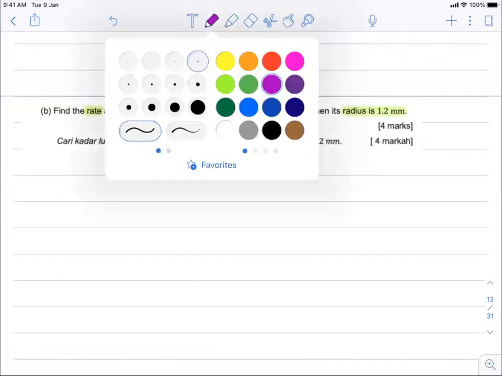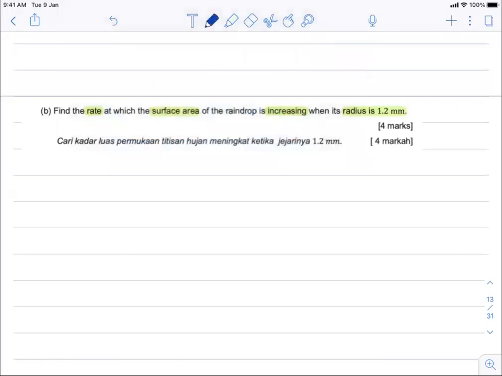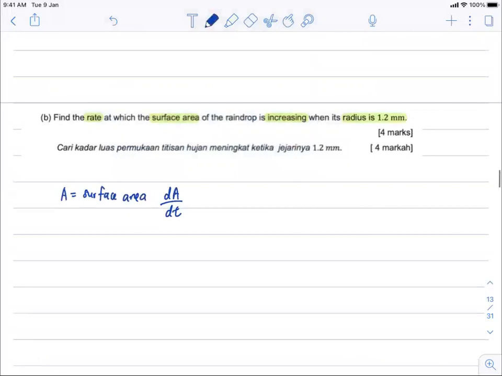So in mathematical form, if A is surface area, rate of change of surface area is dA over dt. Basically it means how fast the surface area is changing relative to time. When the radius is 1.2 millimeter, r is 1.2.